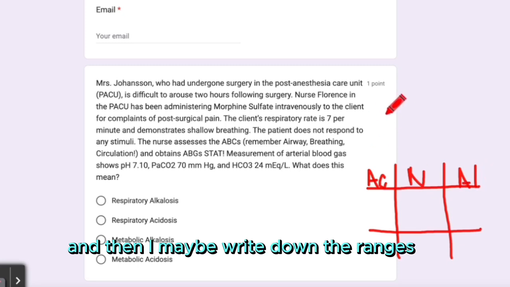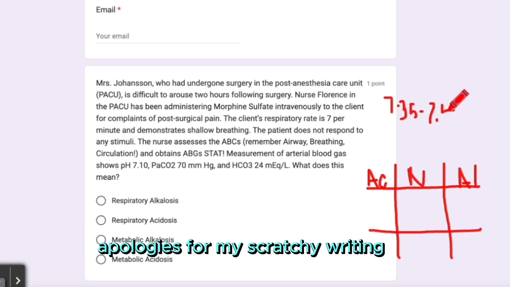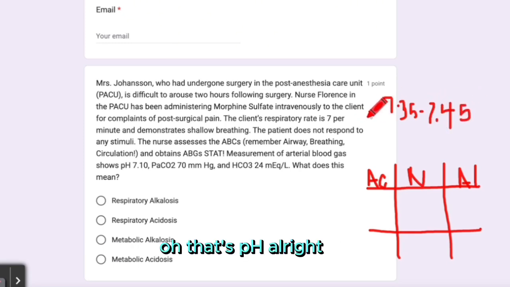Then I maybe write down the ranges so that I can remember: 7.35 to 7.45. Apologies for my scratchy writing. That's pH.